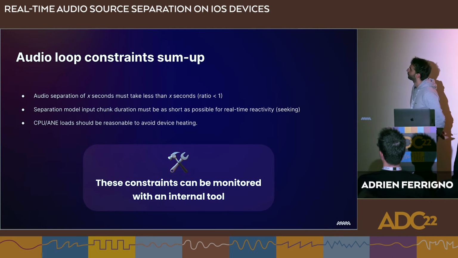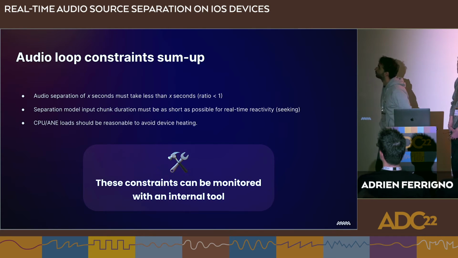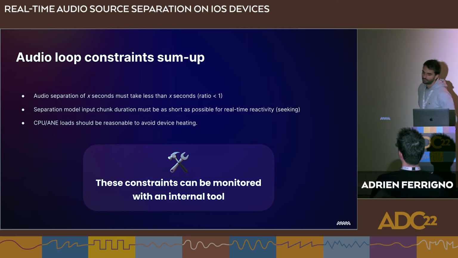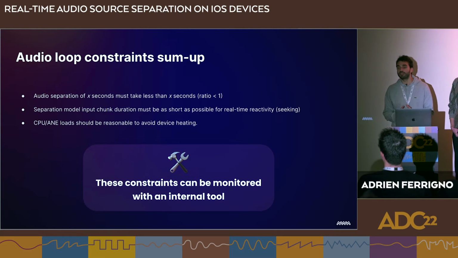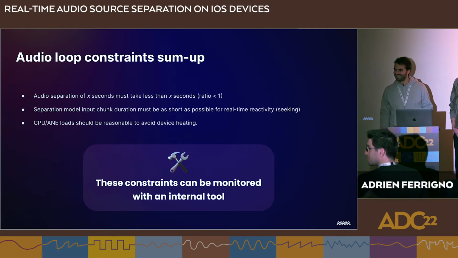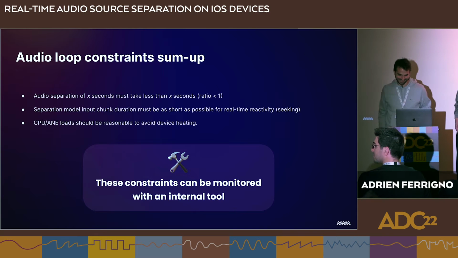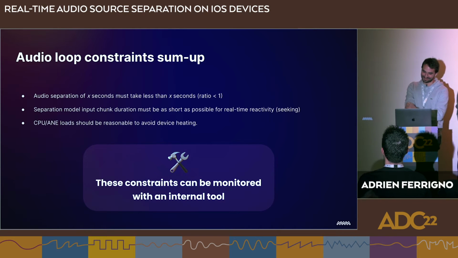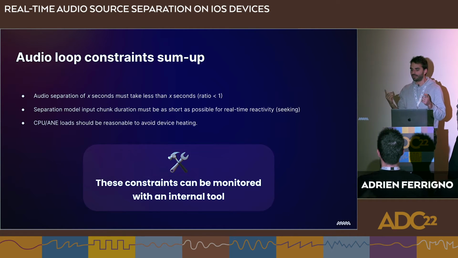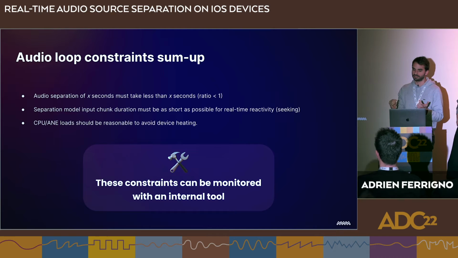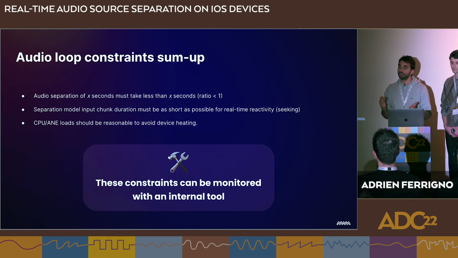If we sum up the constraints, the audio separation of 1 second must take less than 1 second to be processed, and latency must be as short as possible. For example, if the input audio chunk is 30 seconds and we separate it in 25 seconds, the real-time ratio is below 1, so it's okay.